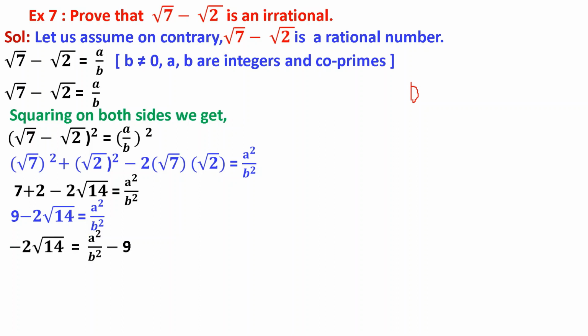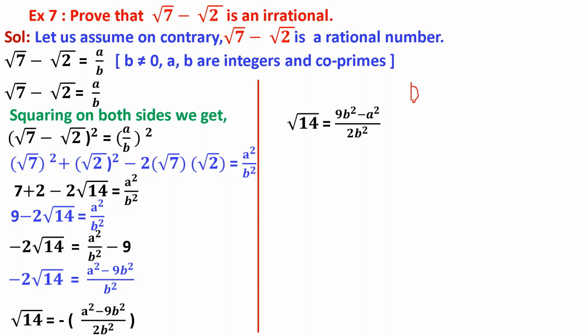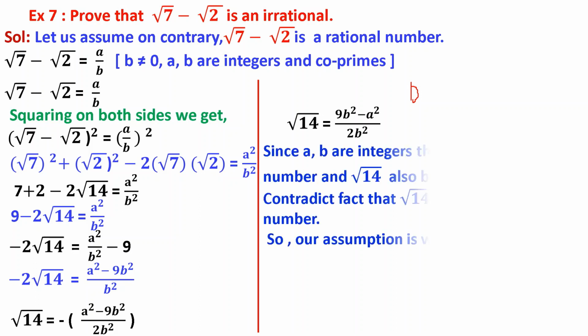On transferring 9 to the right side we get minus 2 root 14 is equal to a square by b square minus 9. Now by simplifying we get root 14 is equal to minus (a square minus 9b square) by 2b square. So root 14 is equal to (9b square minus a square) by 2b square.